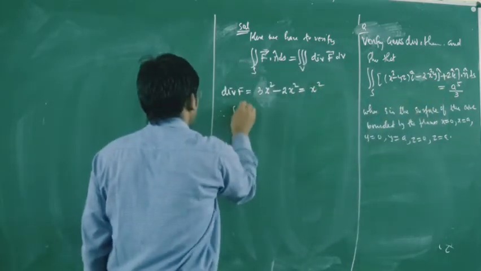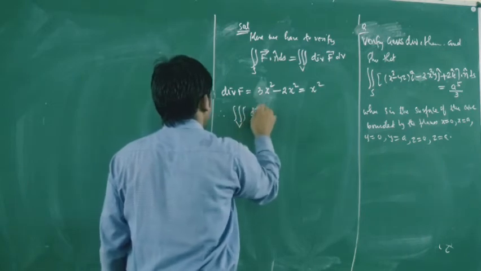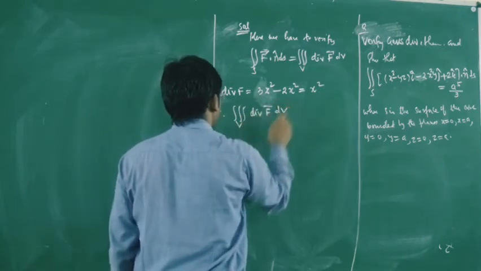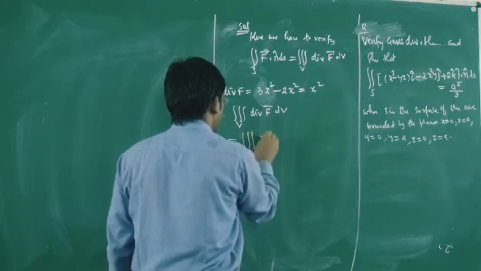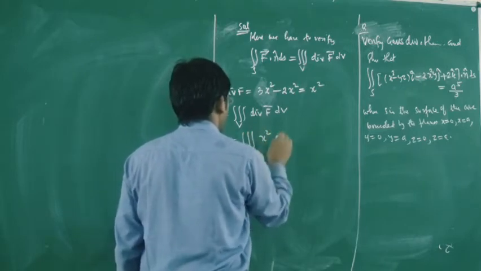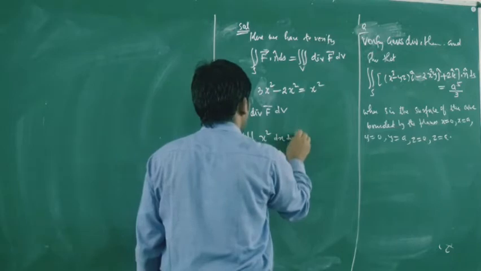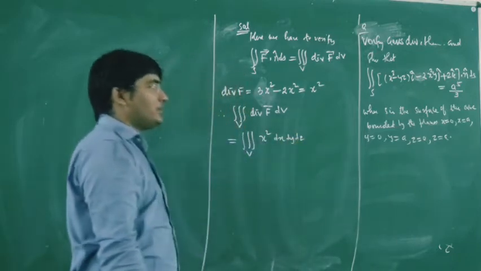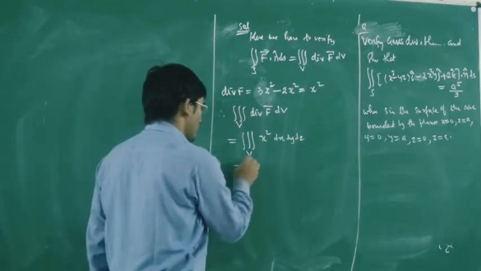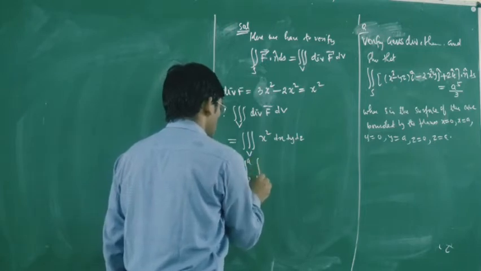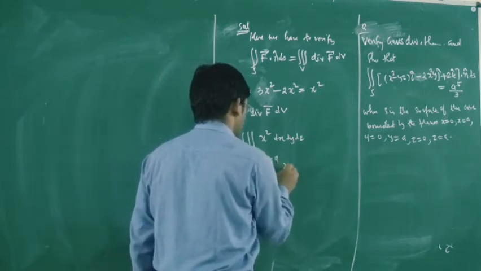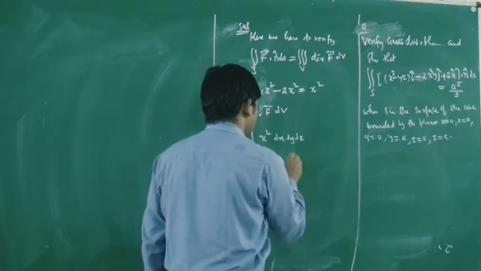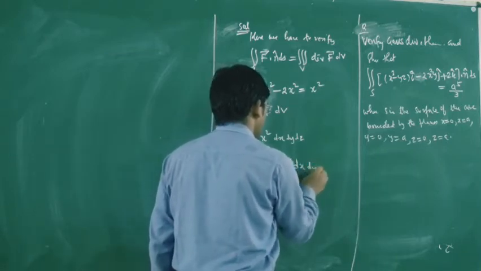Therefore this right hand side is equal to the integral of x square, and your dv will be dx, dy, dz. Our limits are x from 0 to a, y from 0 to a, and z from 0 to a. X square, dx, dy, dz.